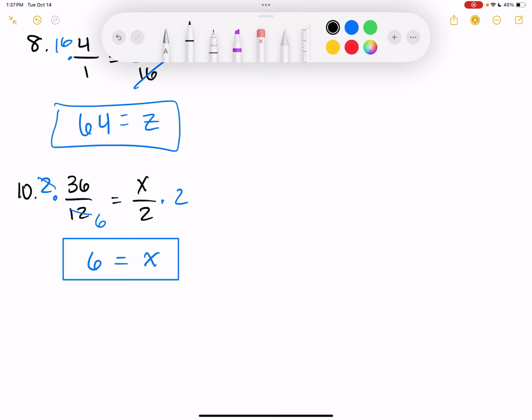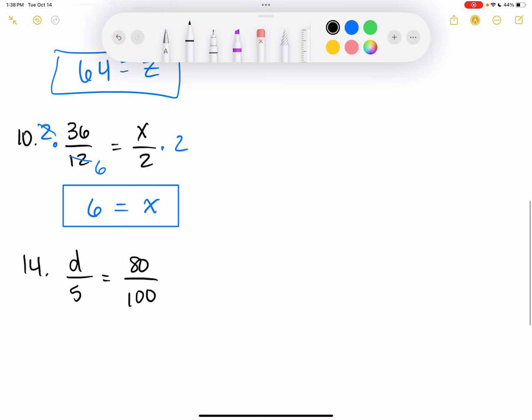Number 14: d over 5 is equal to 80 over 100. I'm going to show you a little trick before I do what I normally would do first on this problem. If you have numbers that both end in zeros, I can cross them out like that. So d over 5 is equal to 8 over 10.